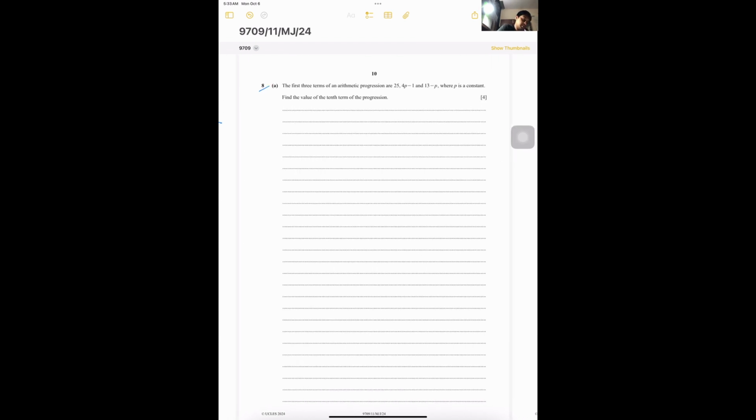The first three terms of an AP are this, where p is a constant. Find the value of the 10th term. Okay, so let's find the common difference d first, which is this one right here, 4p minus 26. Again, d is 13 minus p minus 4p plus 1, which is 14 minus 5p.